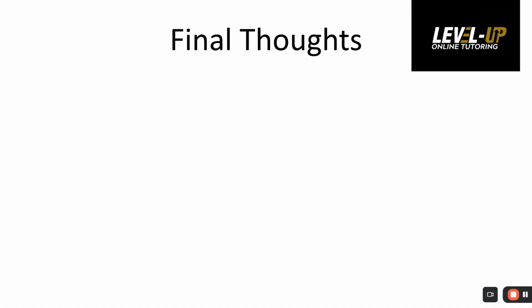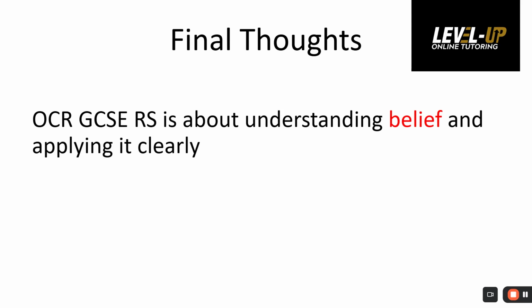Final thoughts for this session then, just to make sure that we are all happy. OCR GCSE is all about understanding the beliefs of a particular religion and applying it clearly, whether that be applying it to the practices part of component 1 or applying their beliefs into component 2. You need to make sure you are applying it clearly and making sure you are specific about which religion and what it is exactly that they believe.